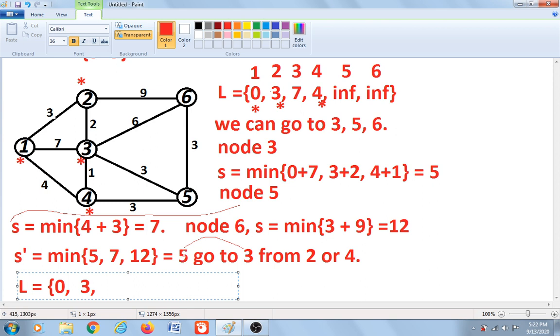The distance now is 5, and this is already permanent, 4, and then infinity, and then infinity.